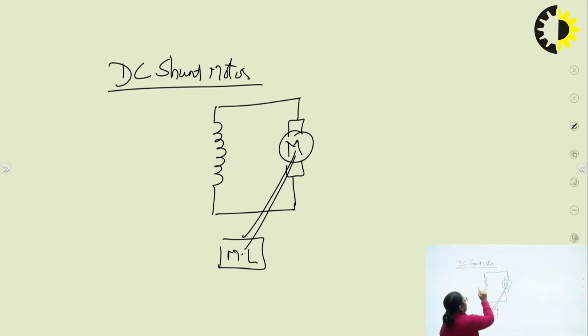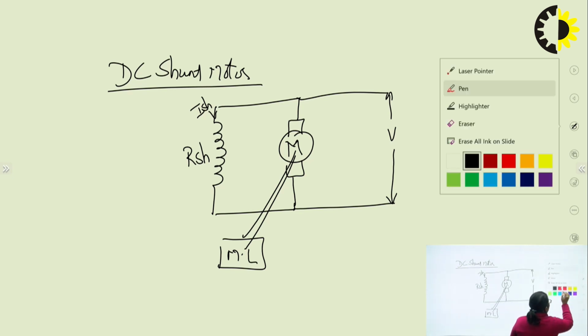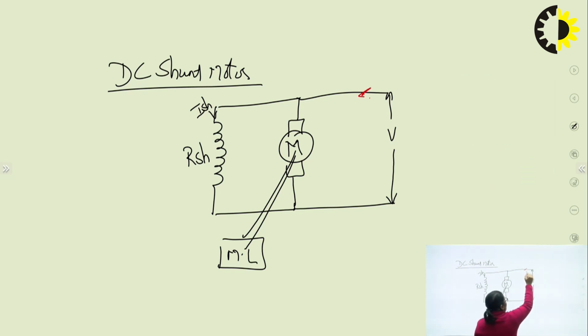This is the field having a resistance of say RSH. The current flowing is say ISH. It's a motor, so the supply has to be fed. Say that supply is what we are calling V. So we have the current, this is the line current taken by the motor from the supply.